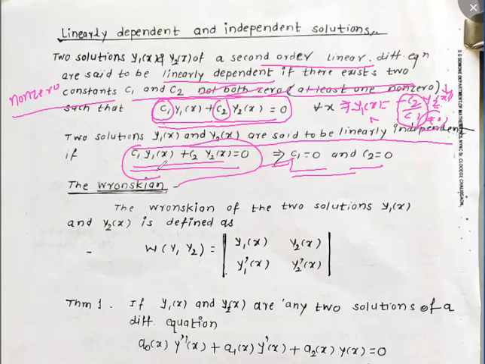That means the combination is 0 only when C1 is 0 and C2 is 0. Then we say that the two solutions or two functions are linearly independent.